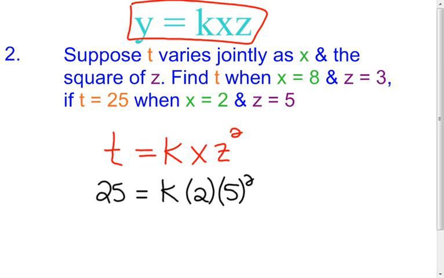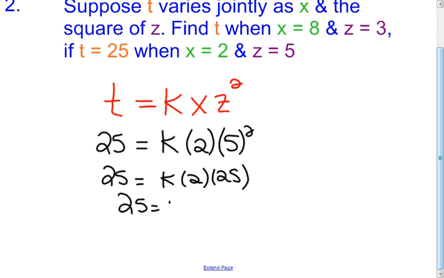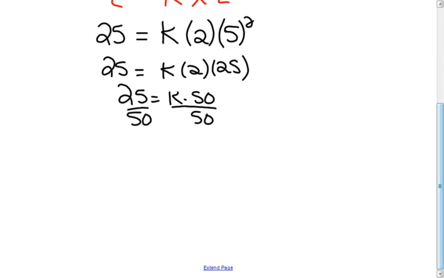My first goal will be to find whatever that constant is. So I have 25 equals k times 2 times 25, or 25 equals k times 50. And of course, to solve for k, I will divide by 50, and k will be 1/2. Okay, that is my constant now.